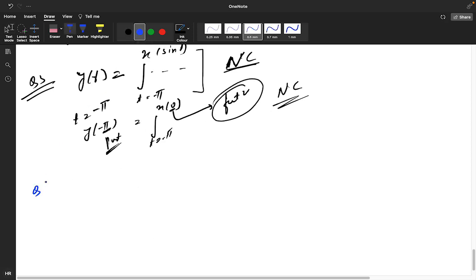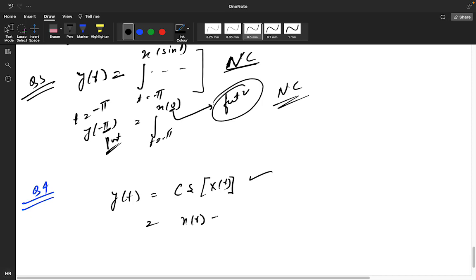Question number 4. y of t is equal to conjugate symmetry of x of t. You know that conjugate symmetry formula, x of t plus x conjugate of t divided by 2.